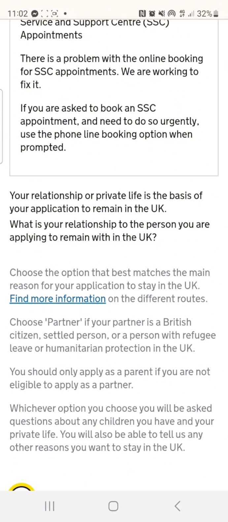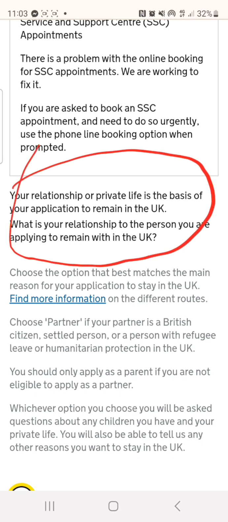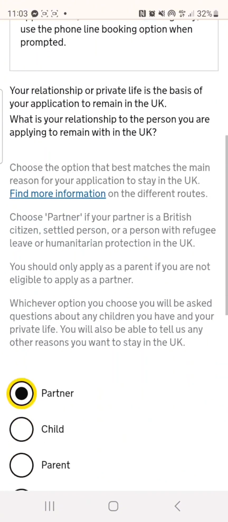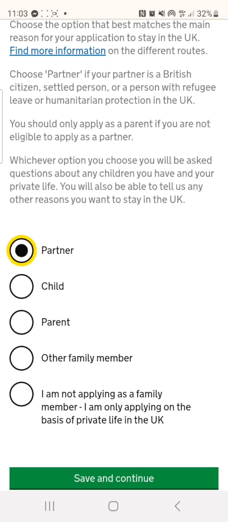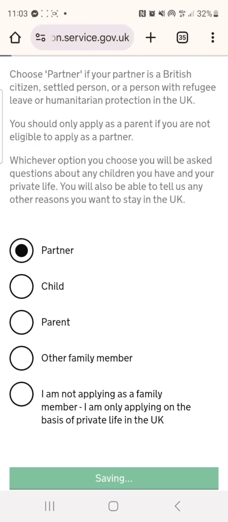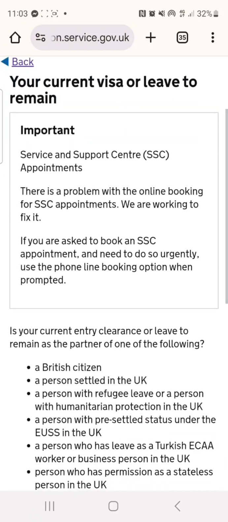In which route are you applying for this application? What is your relationship to the person you are applying to remain with in the UK? I am applying on the partner route, so I choose partner. Save and continue.